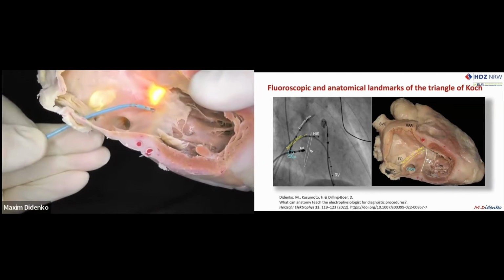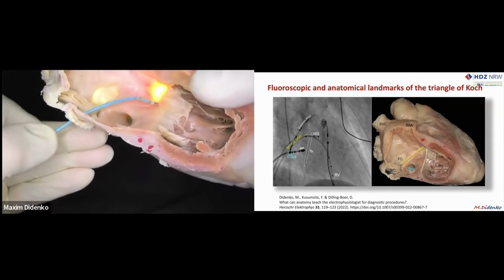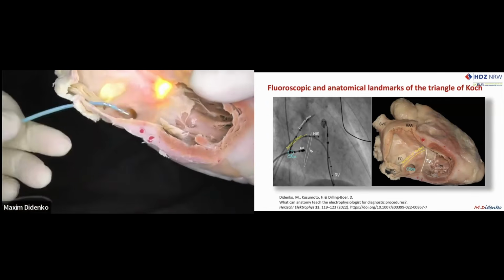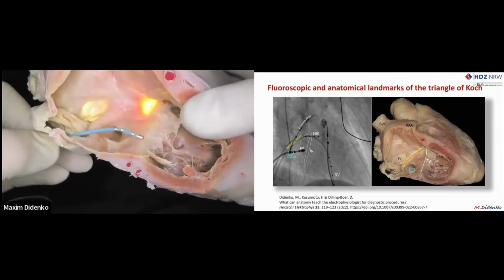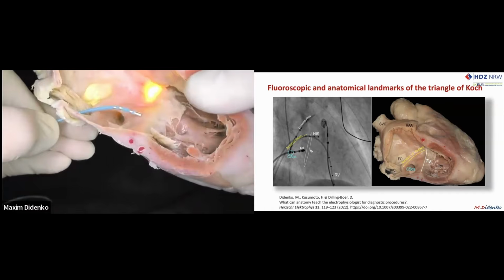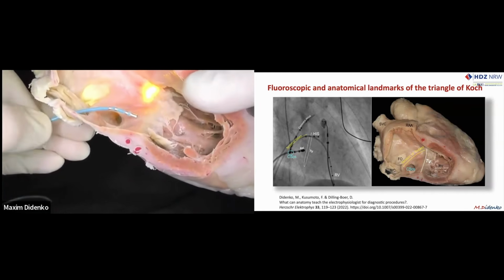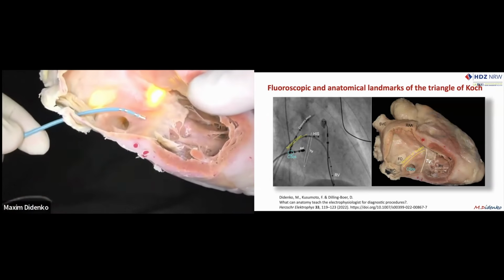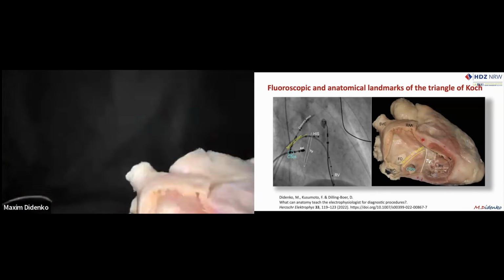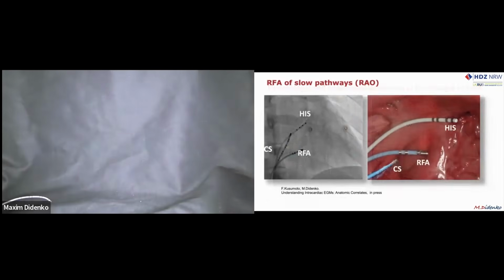That's why we try to avoid being very close to this area here. But you can nicely see that this area is not so big, in between the His catheter, for example, and this area here. What are the specific signs of this area?